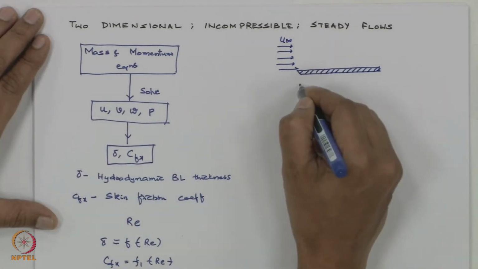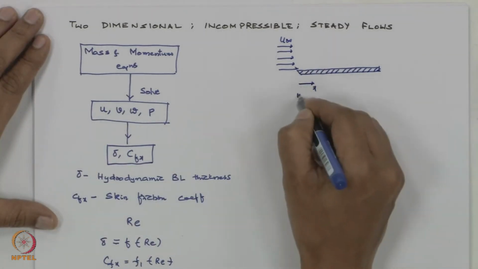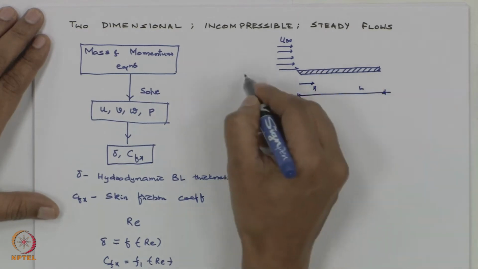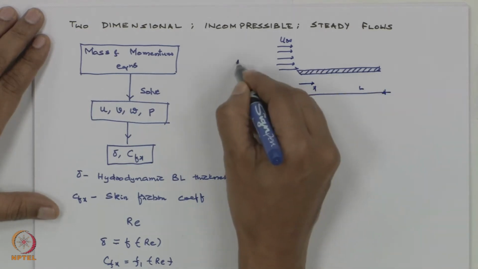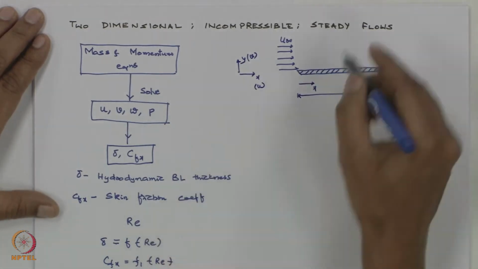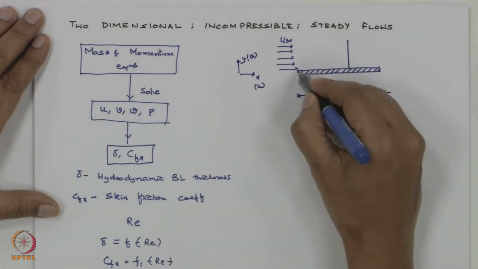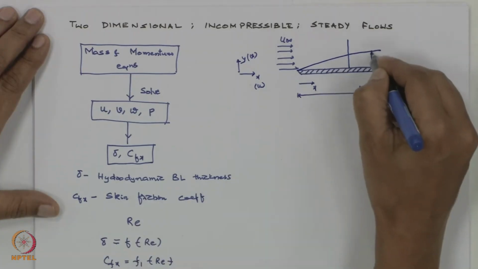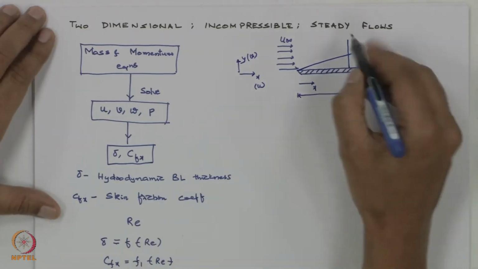This is my x direction and this is my length. Now, x, y, u, v. We say that the boundary layer grows like this, and this is my boundary layer thickness.